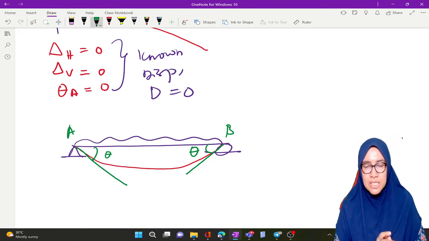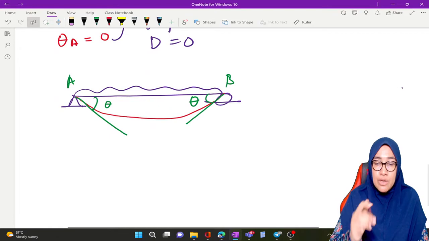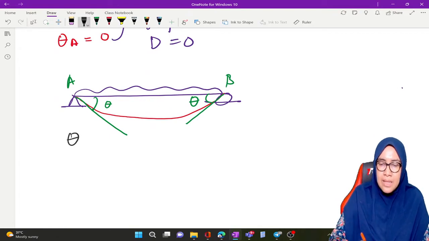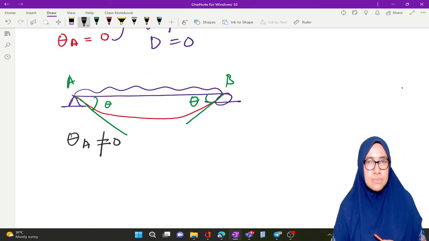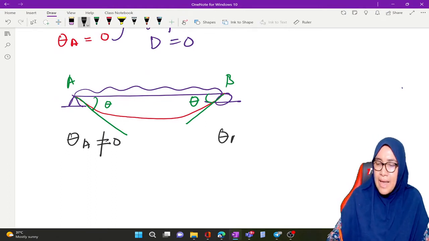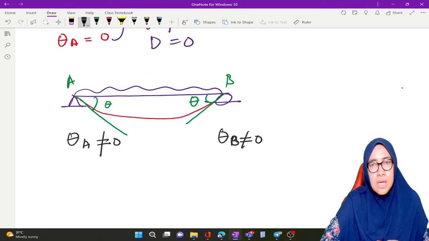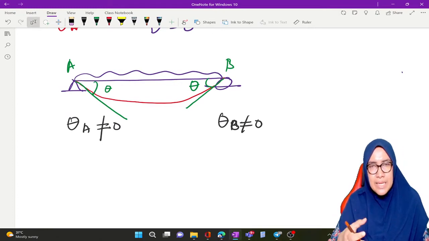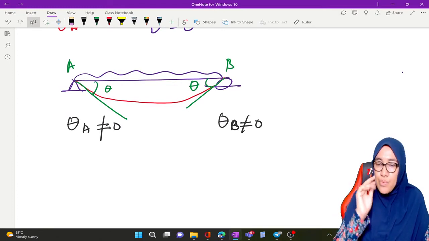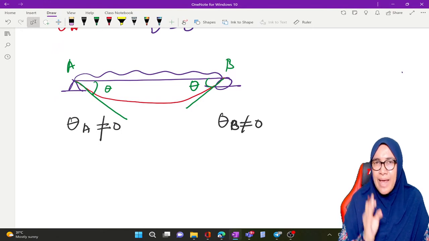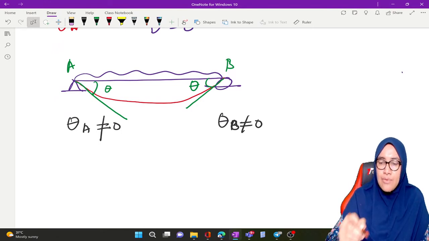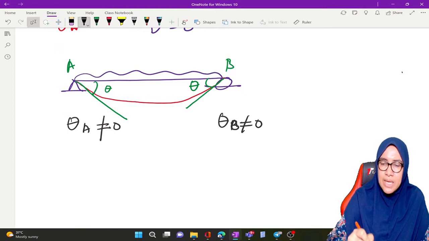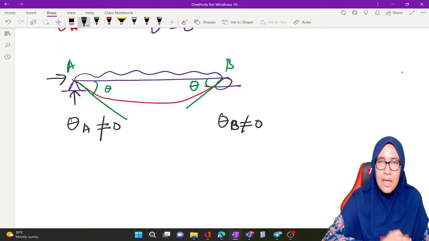By looking at this, we know that theta at A is not equal to 0, and theta at B is not equal to 0. Other than this, we have reactions at the support, AY and AX.